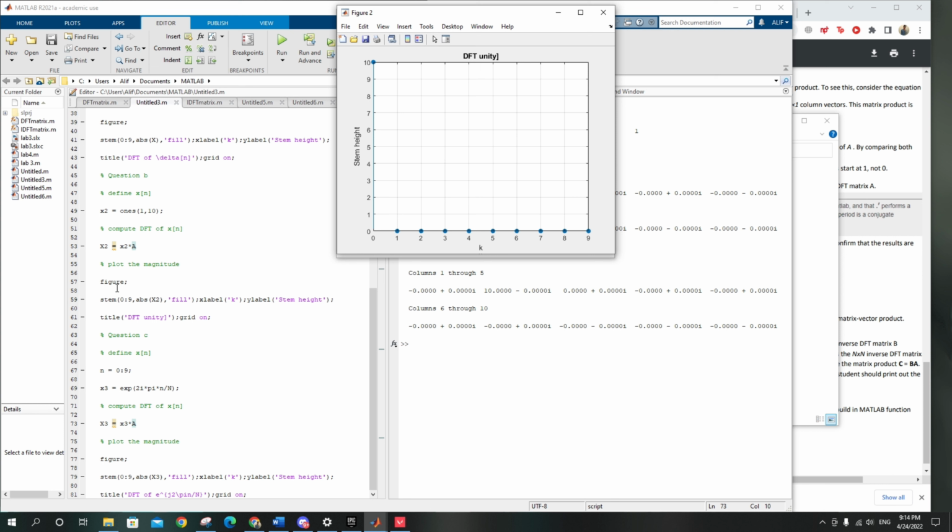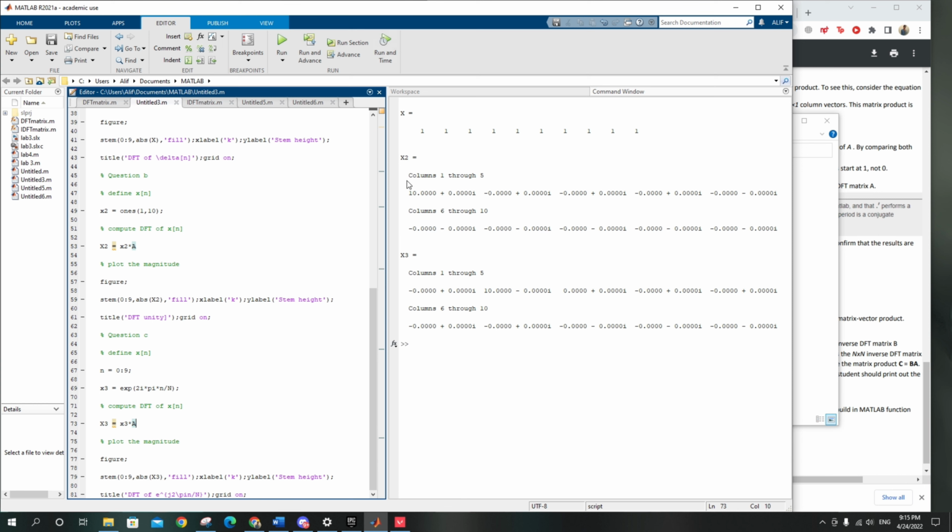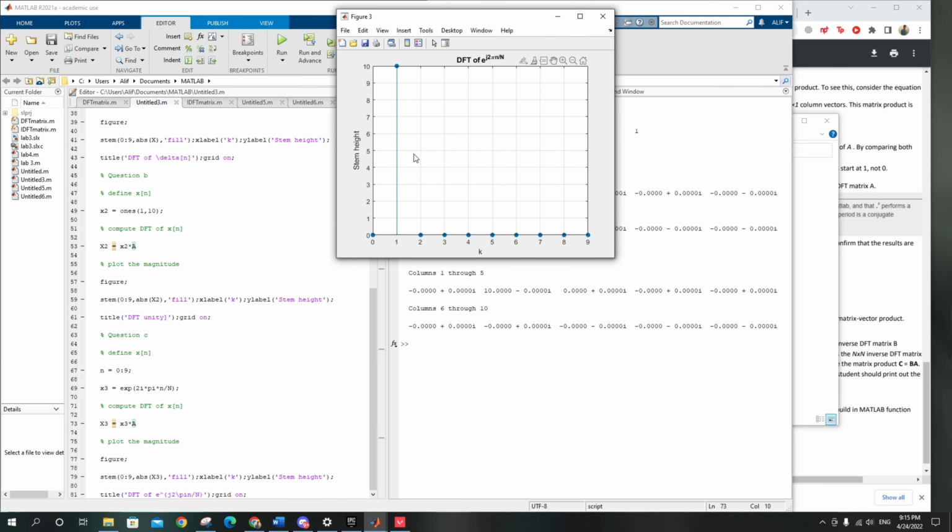The magnitude in columns 1 through 4 of the output is equal to 10, whereas the magnitude in the rest of the output is equal to 0. On the magnitude plot, the amplitude is 10 where k equal to 1, while it is 0 otherwise. So this is the graph for question C.